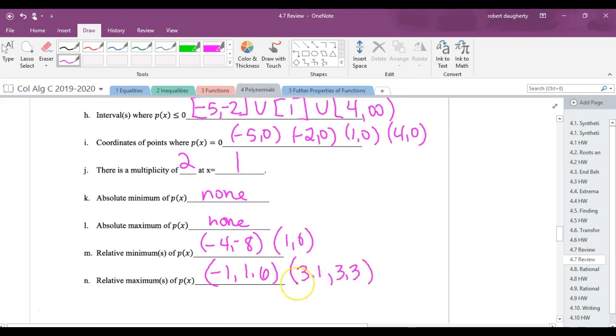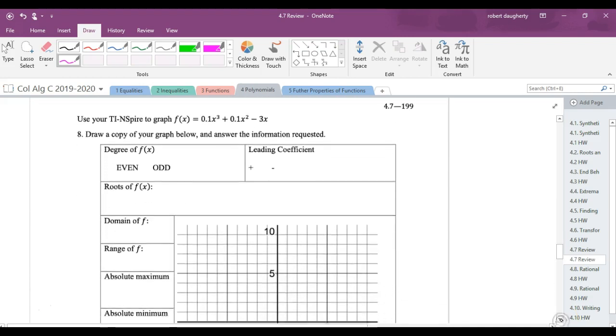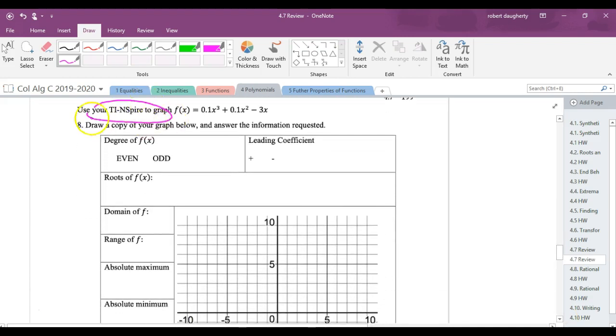So those are the extrema, relative max and min. You can omit this. Anytime it says use your TI Inspire to graph, we omitted that section. So we are not covering that right now.